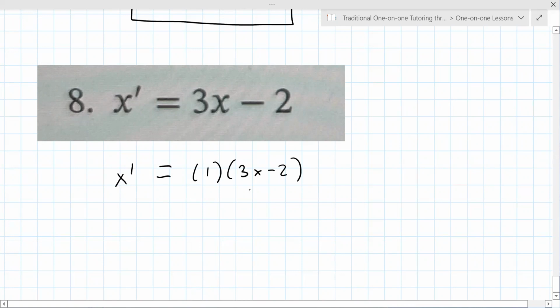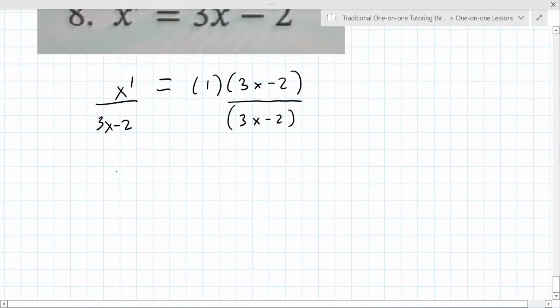So you're going to divide both sides by 3x minus 2, which leaves you on the left with x prime over 3x minus 2 equals 1. And then you bring the dt from the x prime, because x prime is really dx/dt, with 1 over 3x minus 2 here.